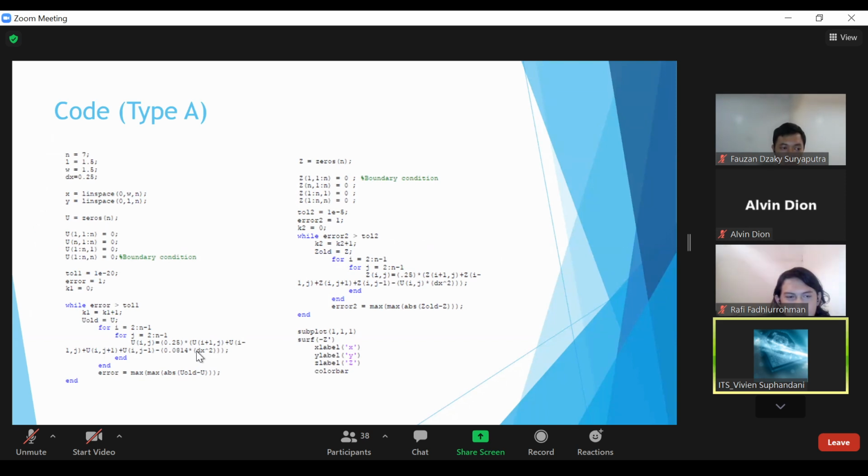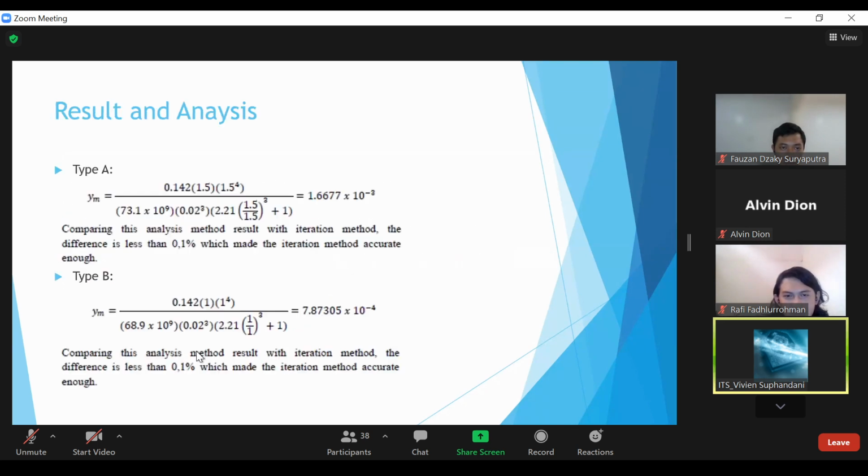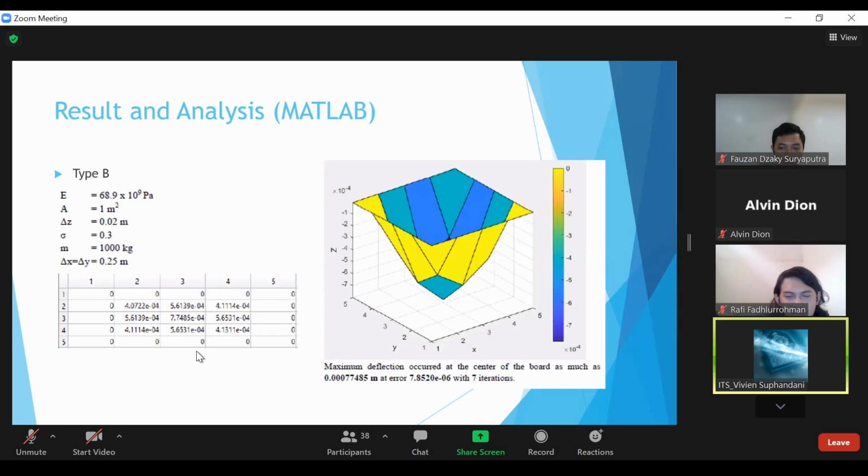So this is good already. You have the surface to display the contour, the surface plane. About this one, in this figure, we have the deflection that is not zero at two of the sides.